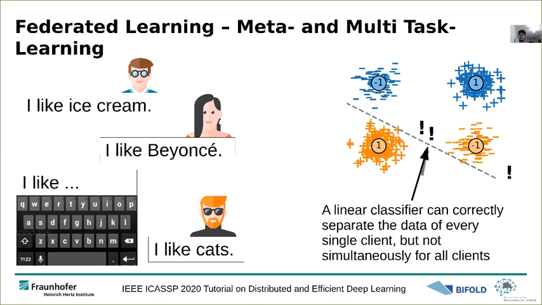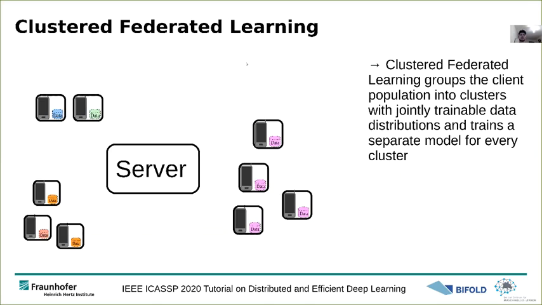This is not too unrealistic because, as you know, the devices in federated learning are often severely hardware constrained, so maybe they can only train a very simple linear model. So these are two scenarios where training one single model might not be the best thing to do.